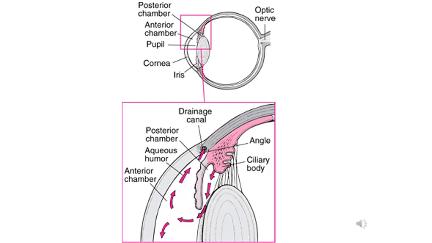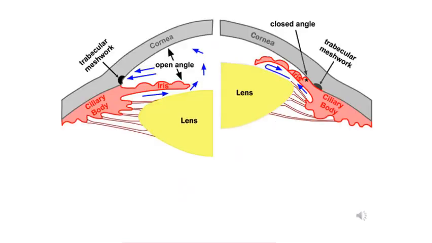And then also you can see where that angle needs to stay open. An open angle is 20 to 40 degrees. So when we get to glaucoma, where we have narrow angle or closed angle, you'll see that it is less than that 20 to 40 degrees. And here's another view. There's several, so that hopefully you can connect and see the angle clearly and where that drainage system is supposed to be.